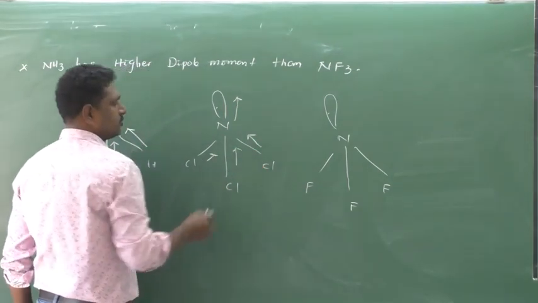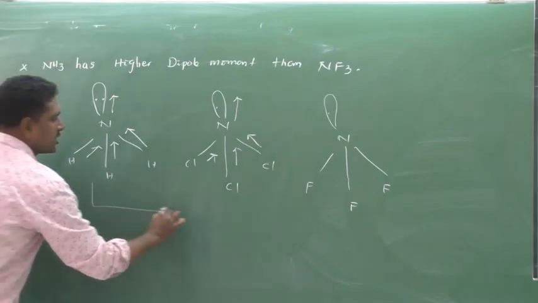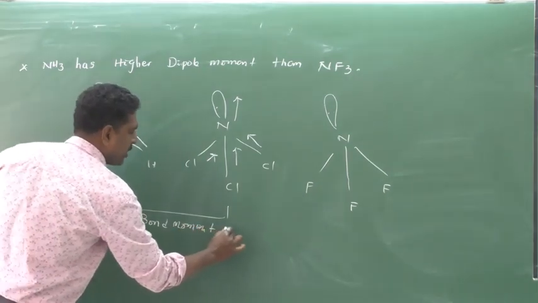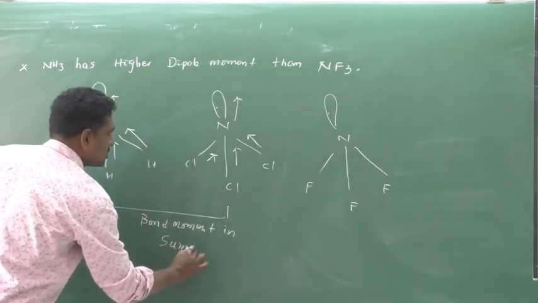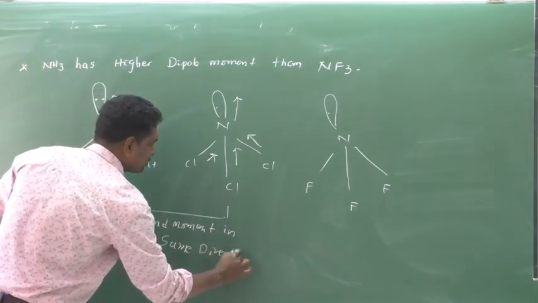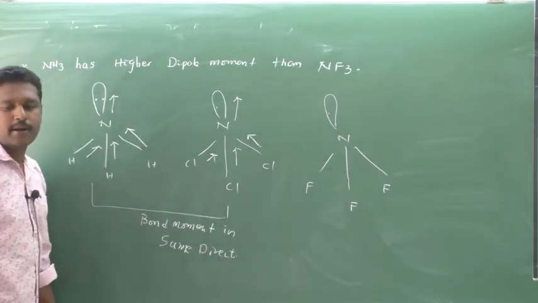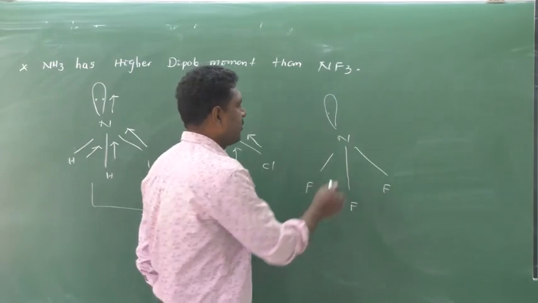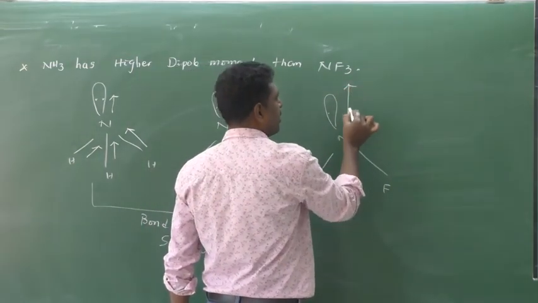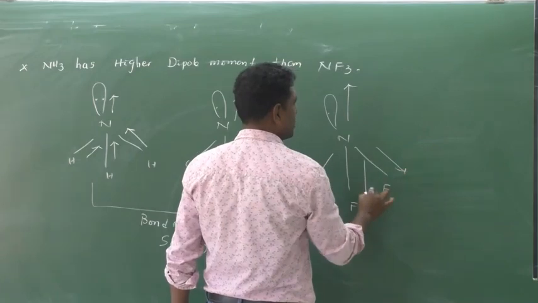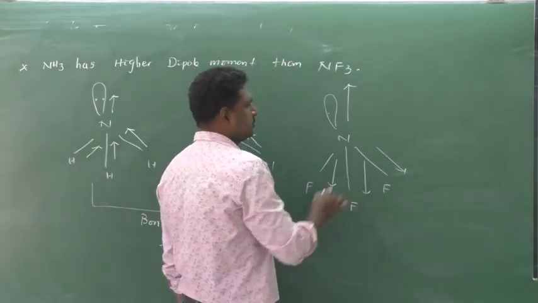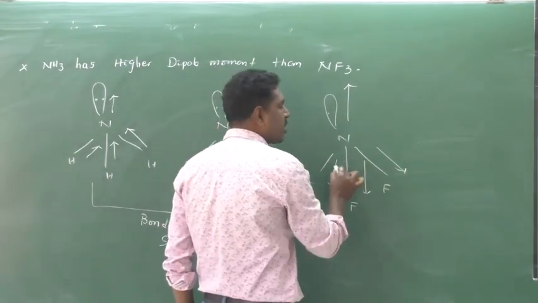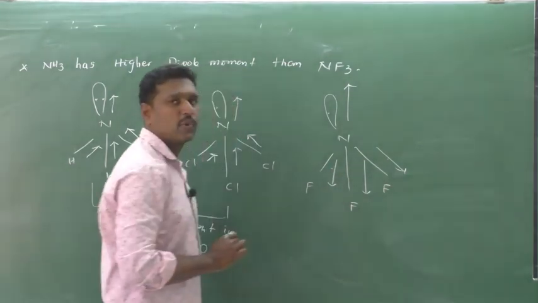So in these two cases the bond moments are in the same direction, but in case of NF3, the bond moment is in this direction. So this bond moment and this bond moment get cancelled. The resultant bond moment is the sum of these two bonds only.